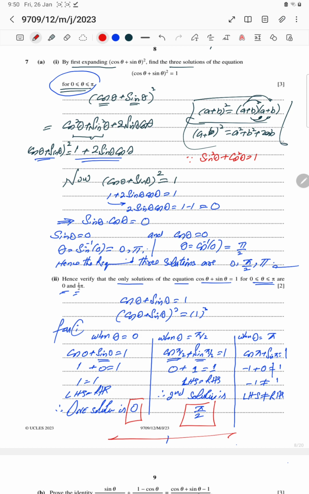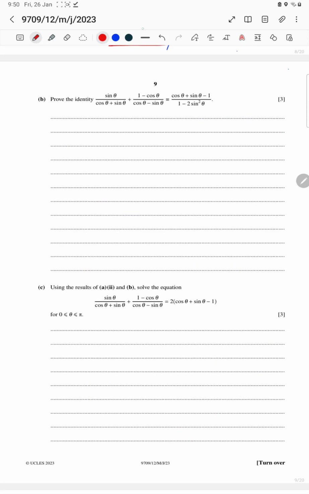Let's proceed to the next question. Okay guys, now we have to prove the identity, left hand side equal to right hand side. Taking the left hand side: sin theta over cos theta plus sin theta, plus 1 minus cos theta over cos theta minus sin theta.